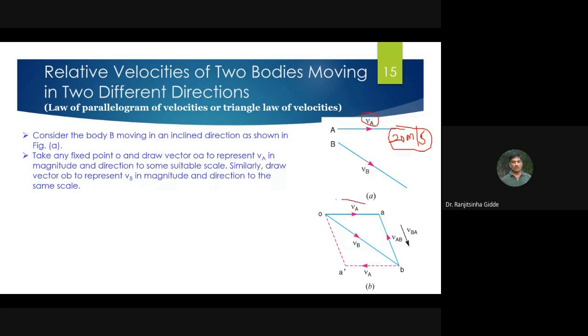Now for drawing this diagram, as per our convenience, we are going to consider a scale. Suppose this is 20 meter per second and this is 30 meter per second. These are the values for absolute velocity.